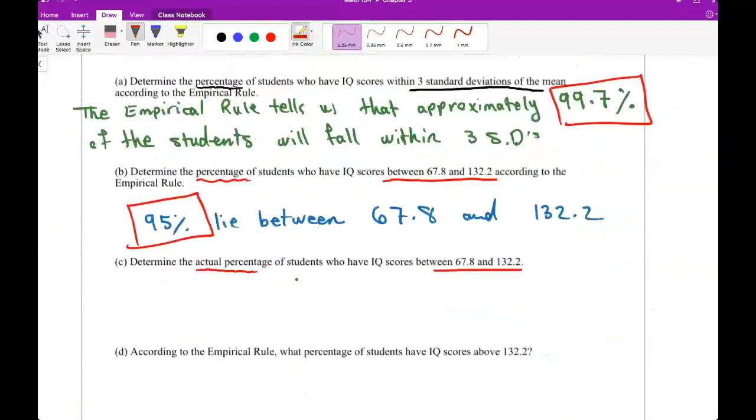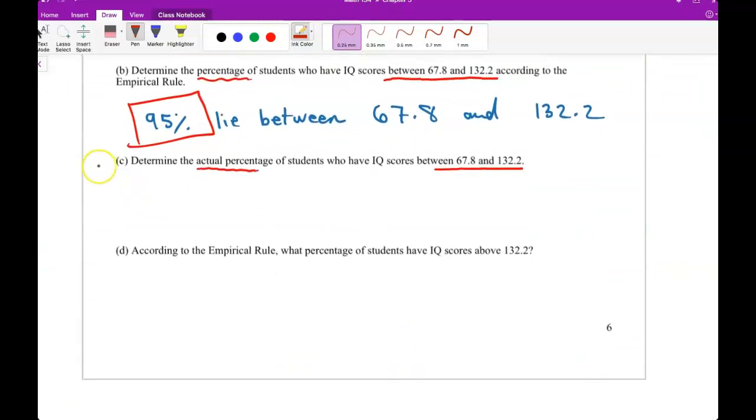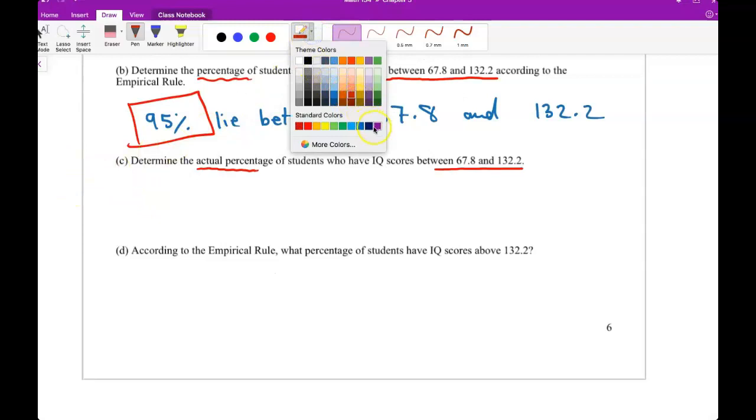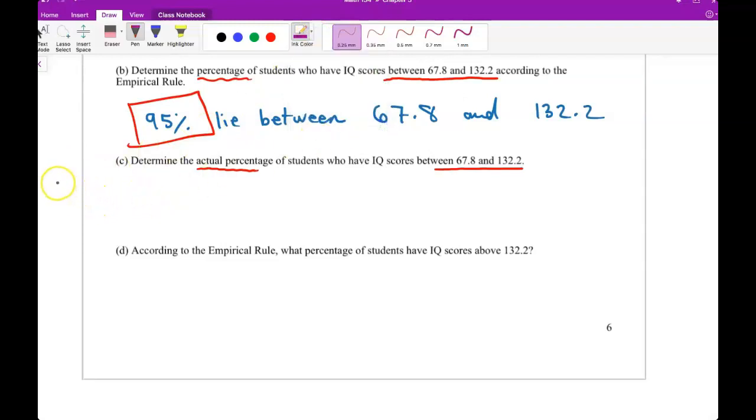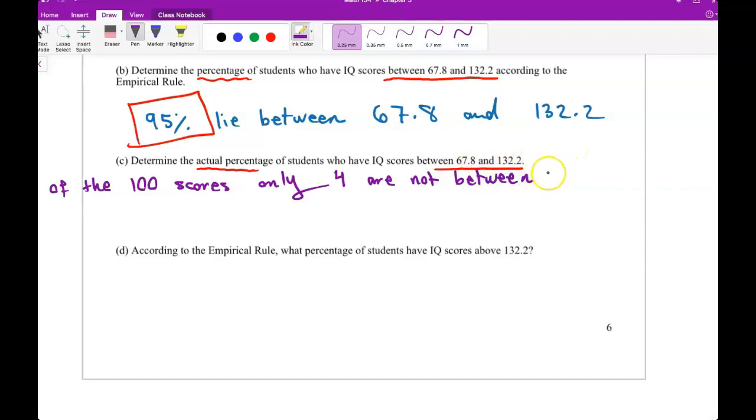Let's use those here to find the answer for part C. So using that table we have on the first page for University A, the 100 scores, only 4 are not between 67.8 and 132.2.